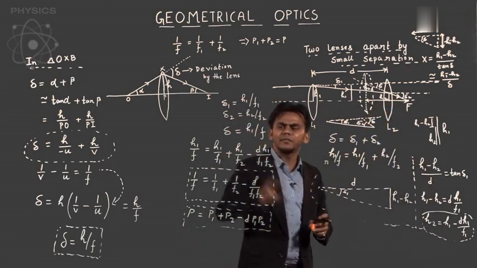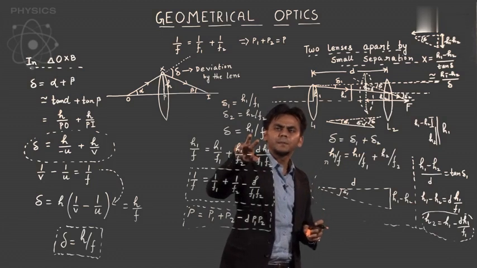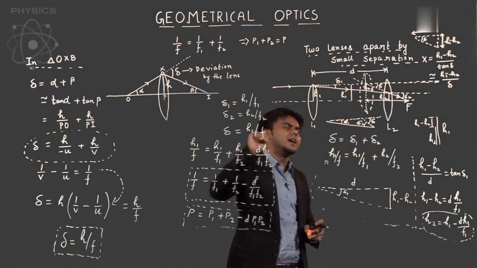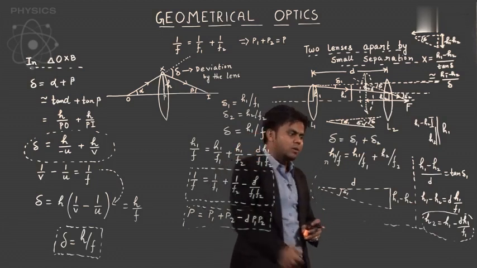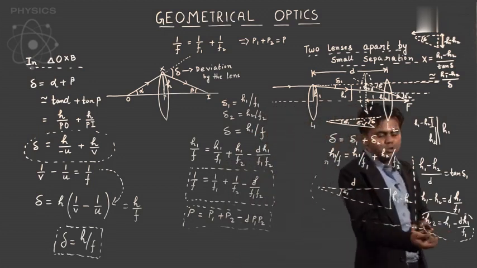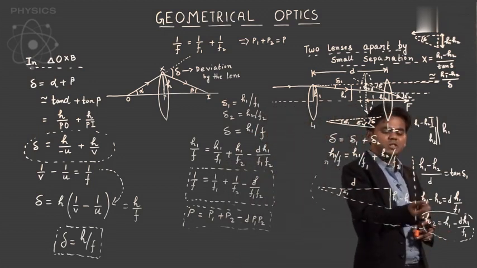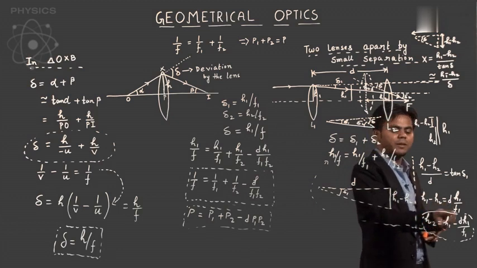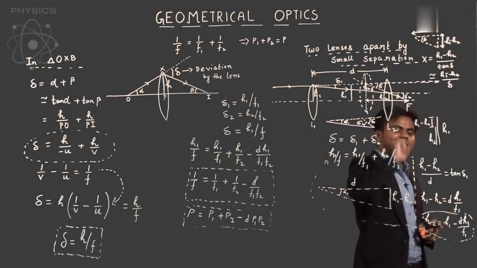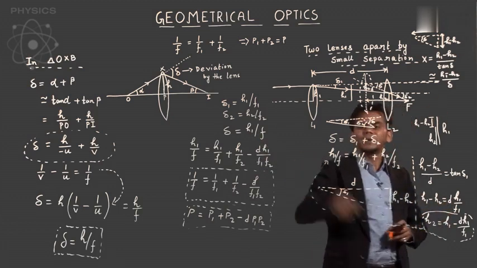So what exactly is x? I know the delta value is h1 by f, right? And I also now know a lot about h1 and h2 values. So I'll simply use h1 minus h2 from here, d h1 by f1. And delta is how much? h1 by f.